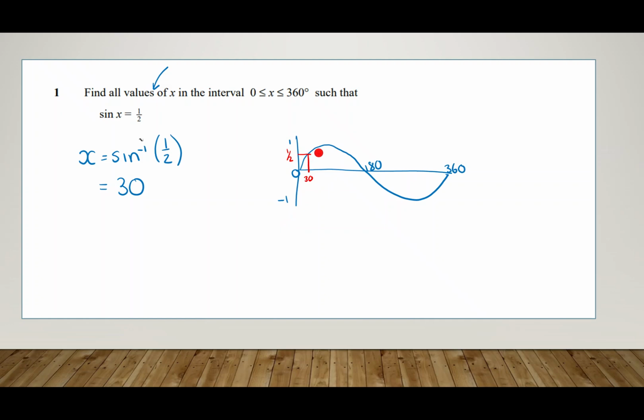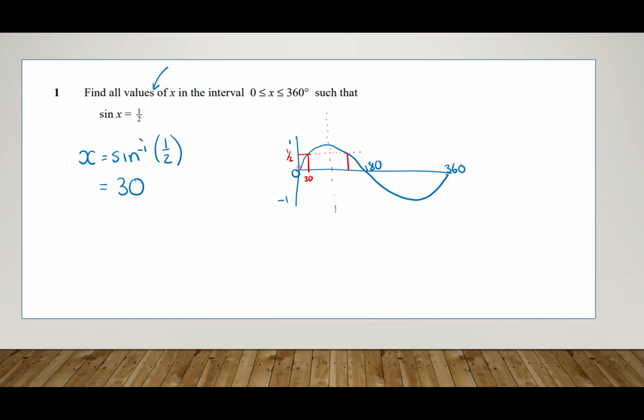Now, what we can notice is if we extend this y is equal to a half along, it actually intersects the curve a second time. And this is our second solution. Now, to find this second solution, we're actually going to use the symmetry of the curve. You might notice that there is a line of symmetry between 180 and 0, right down the middle.